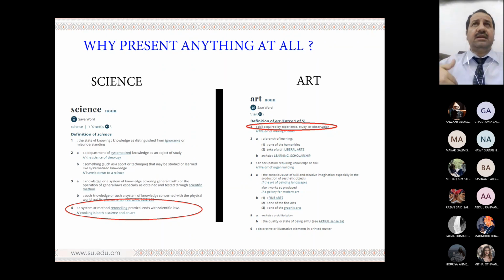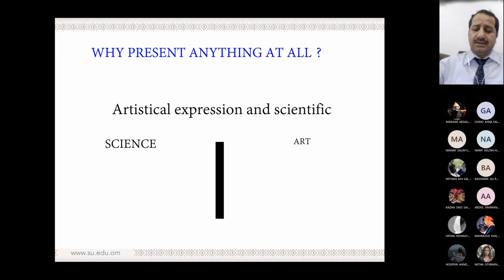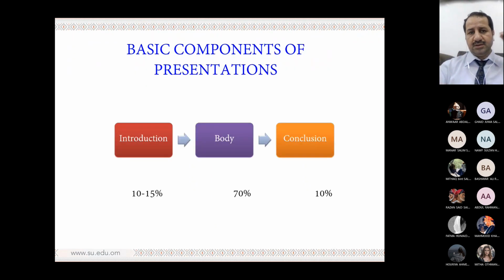I can say it is an artistic expression linked to the scientific project we have. So it's a mix of art and science. You know the science, you know the project, you work on the project, but how do you present it, like an actor in a movie? It's like making a short movie for people so they understand your work. This is what we do in the presentation.